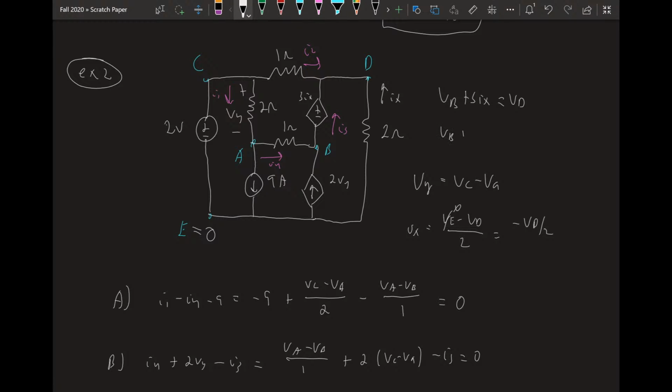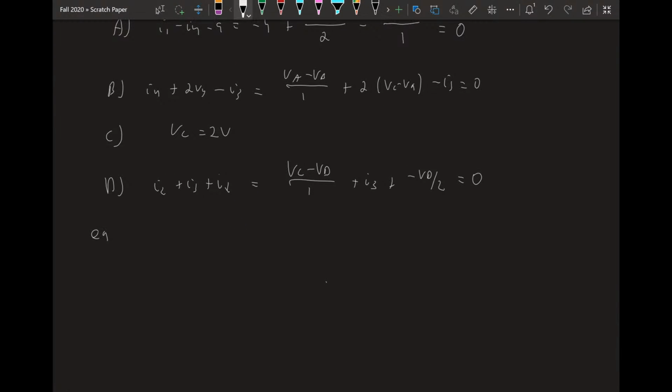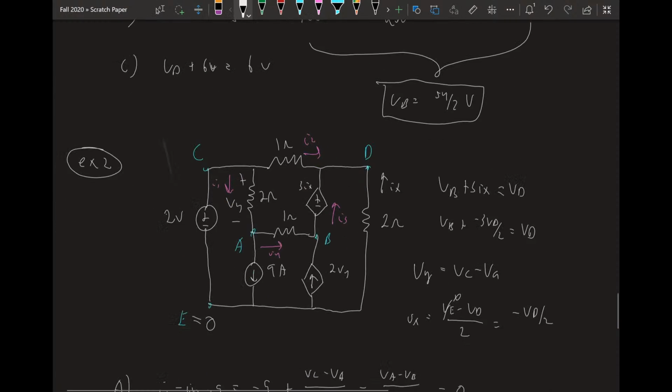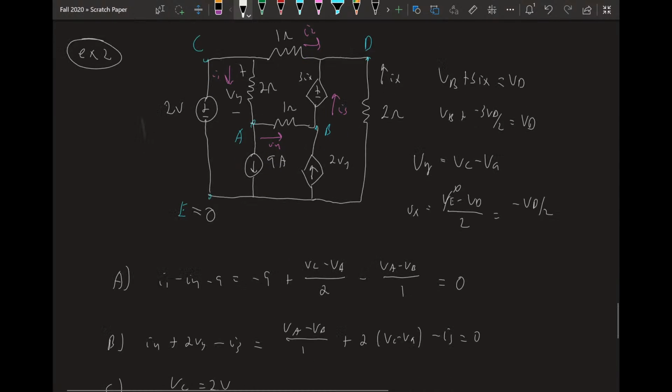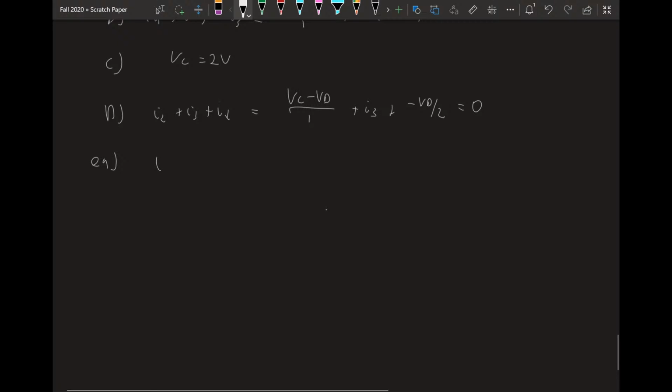So VB plus a negative 3 VD over 2 equals VD. And this is our next equation, which I will call VB equals 5 over 2 VD when you move that over. So VB equals 5 over 2 VD. Now we have 5 equations, 5 unknowns, and using your favorite system solving method, you can solve, saying that VA equals negative 2 volts and VD equals 2 volts.